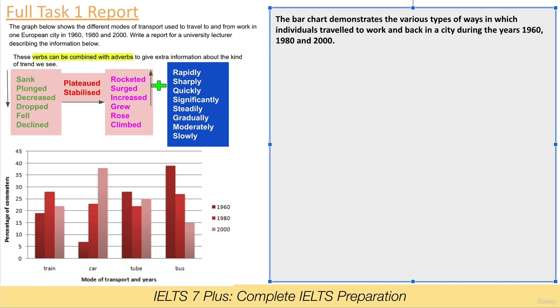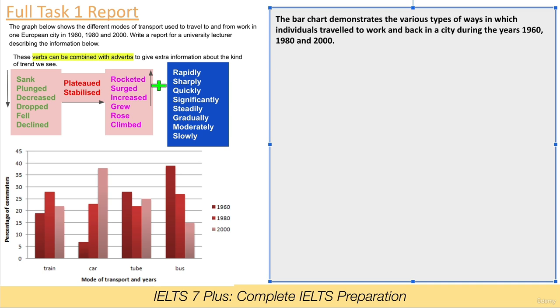Okay, let's read this back. The bar chart demonstrates the various types of ways in which individuals travelled to work and back in a city during the years 1960, 1980, and 2000. Okay, I think that's good.